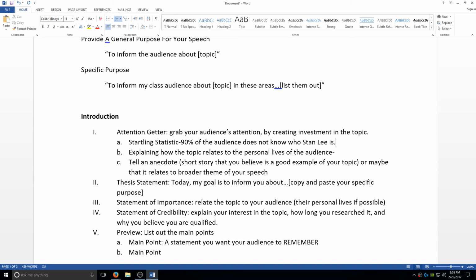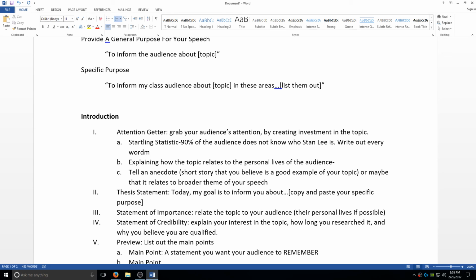Now, the full sentence outline is an in-between type of outline. The most detailed outline that you can do, which is not what you are to do, is what we call the manuscript outline, in which case you would write out every word verbatim, with full paragraphs per entry or per line.